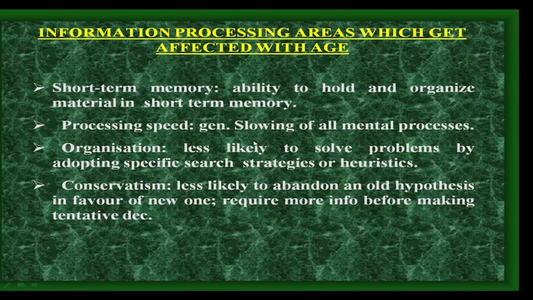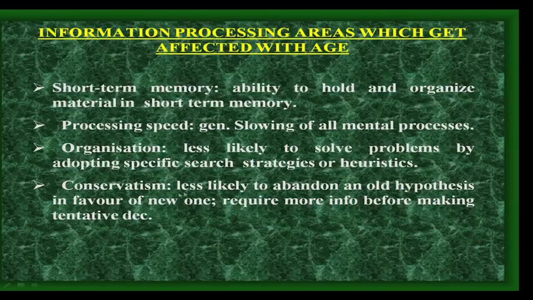Processing speed also shows in all the mental processes. As we grow older, human beings usually lose the pace of processing information. Even their reaction ability goes down. The organization of events, objects, and sequences of events also gets affected.